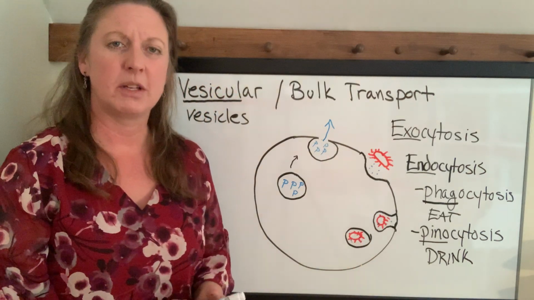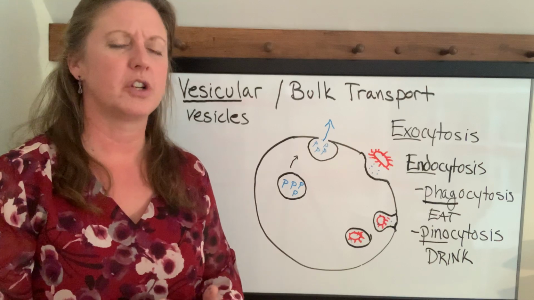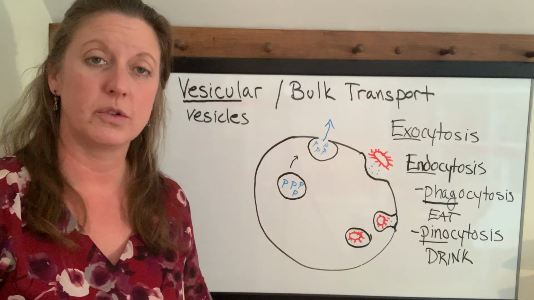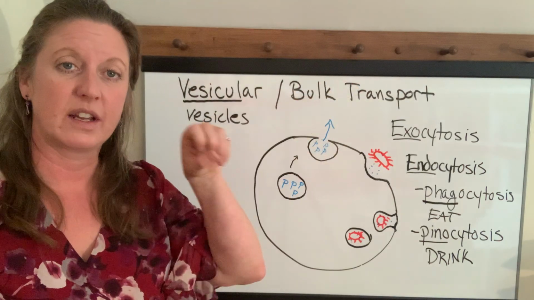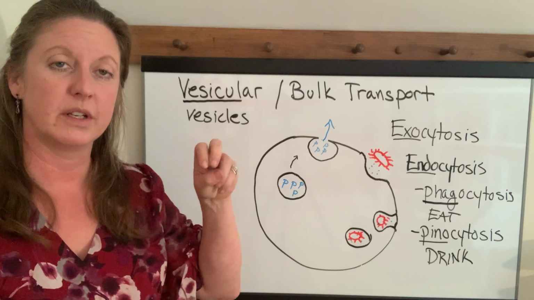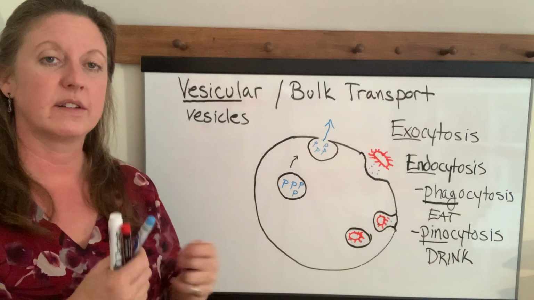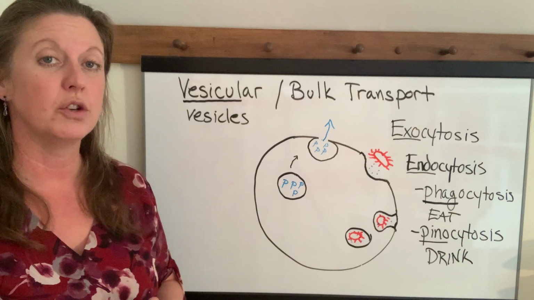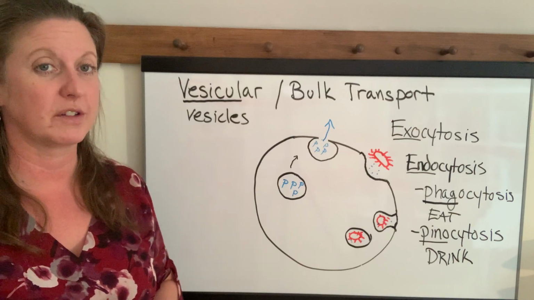It's sort of like rummaging through the junkyard looking for things that might be useful to the cell. So cells will take a sip of the external fluid and bring it inside and look to see if there are things that the cell can use for its cellular functions.